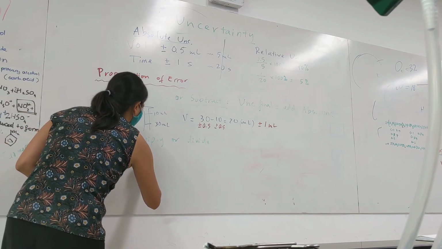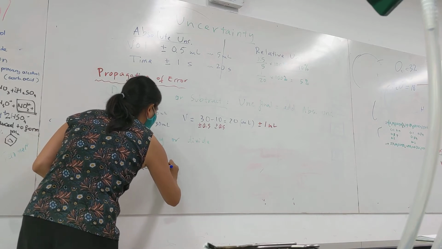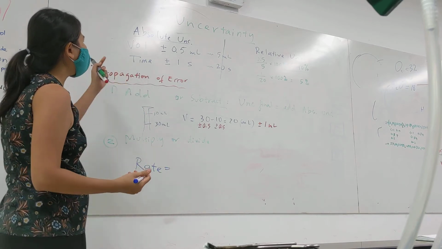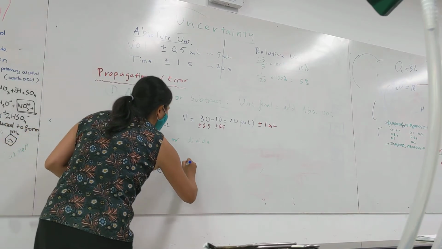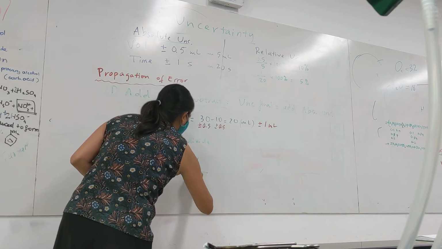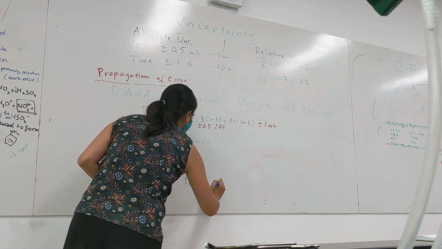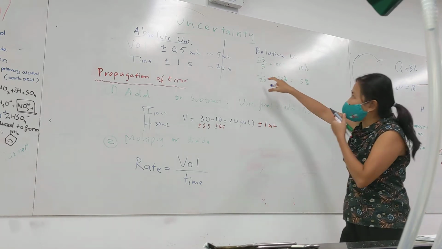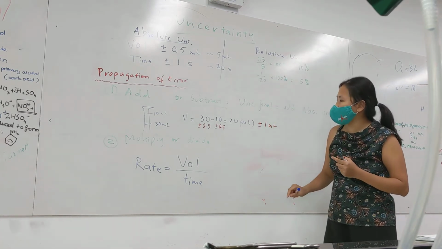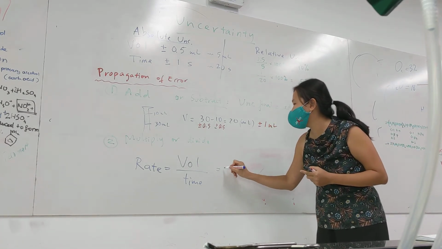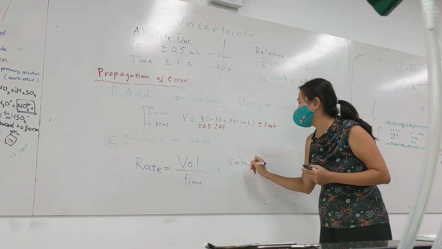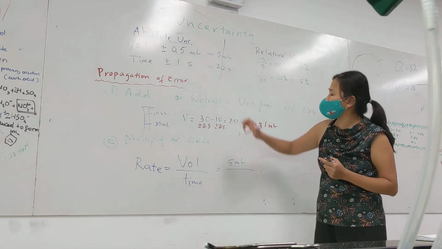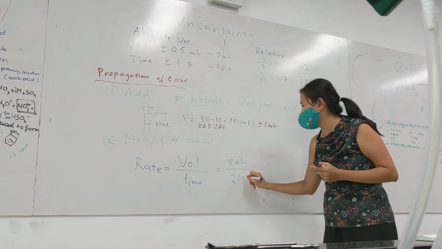So for example, if you're measuring a rate of reaction, the rate of the reaction is measured by the volume over time, right? So taking this example, the volume that you measure was, let's say, 5 milliliter of gas, and the time that you measure was 20 seconds.